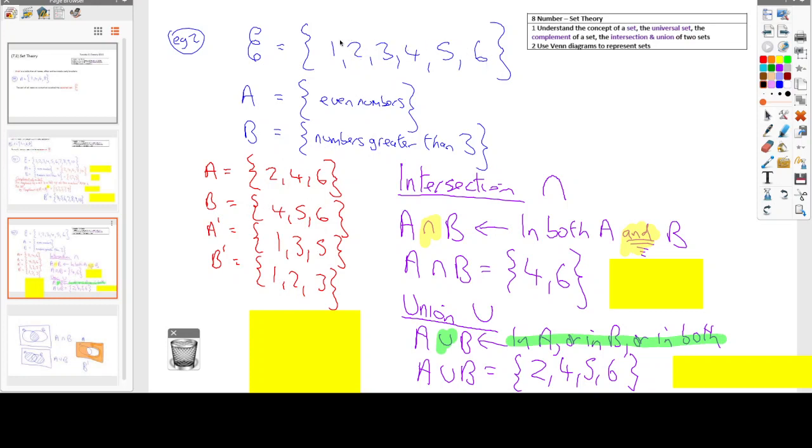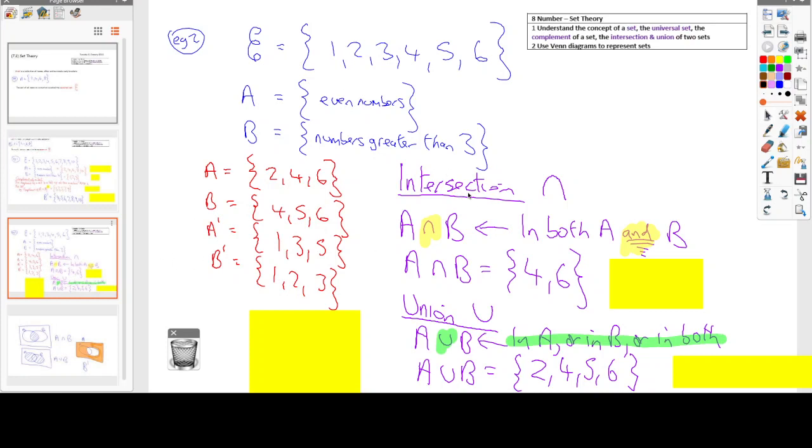B is the numbers in our universal set greater than 3, well, that's 4, 5, and 6. The complement of A are those numbers in the universal set that are not in A, they're not even, so that's 1, 3, and 5. And the complement of B is the numbers in our universal set that are not in B, so that's 1, 2, and 3.